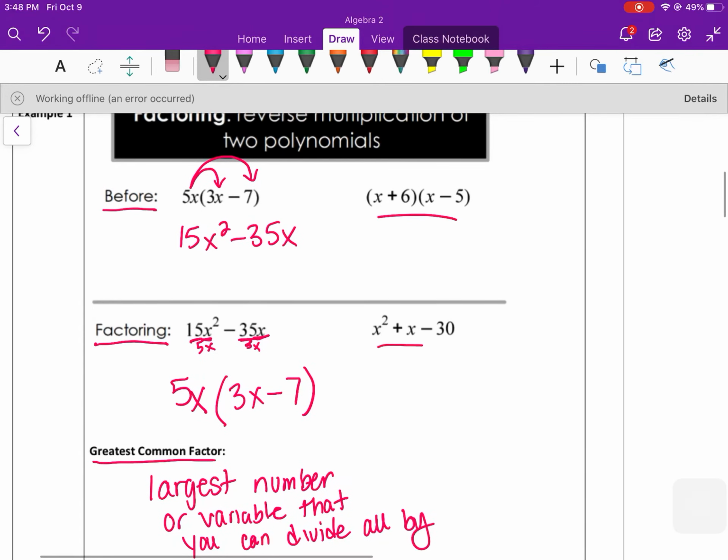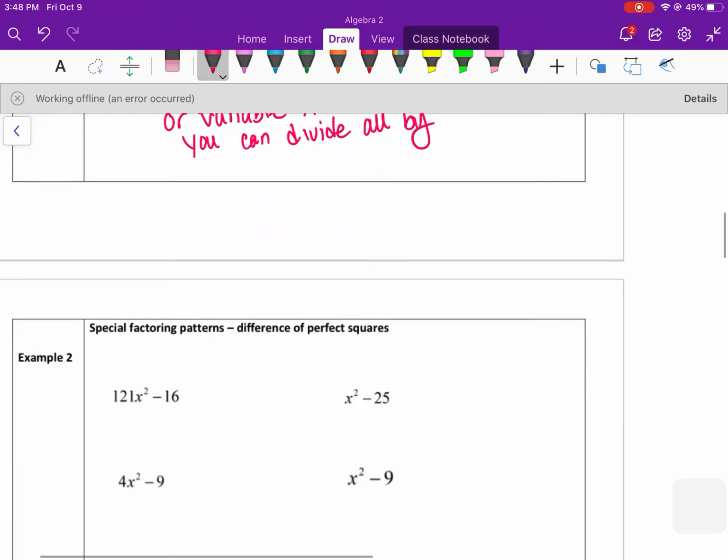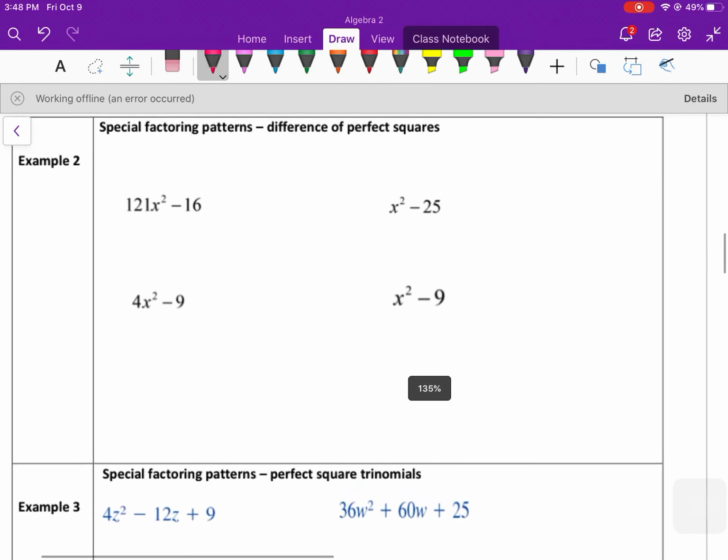Okay, the before here and after factoring, that's kind of what we went through in the day 1 video. So today, the greatest common factor idea is a little bit new here.